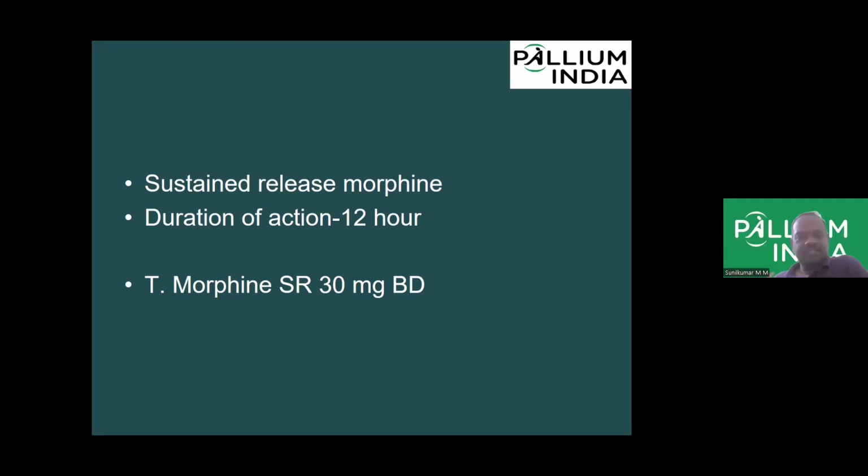Yeah, just calculate the total dose. It is 30 milligram plus 30 milligram. That is 60 and divided by 6. So that would be 10 milligram. So for breakthrough pain, you always use immediate release morphine. So 10 milligram would be the dose.